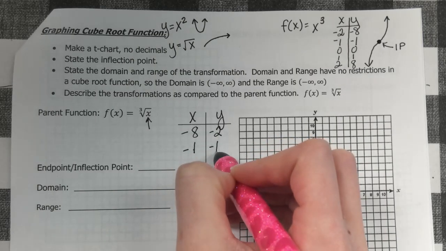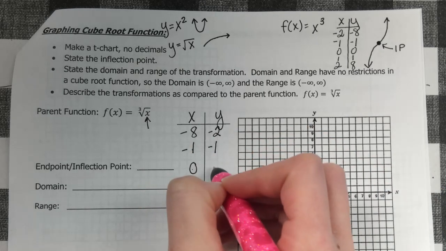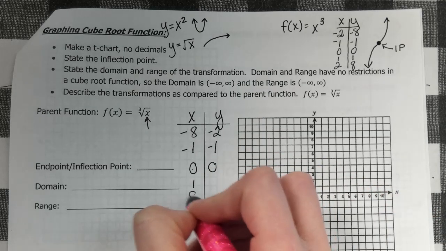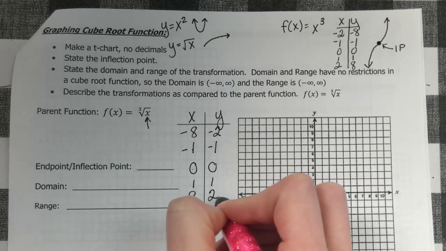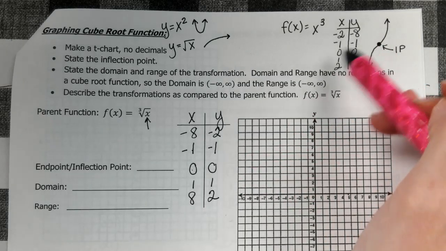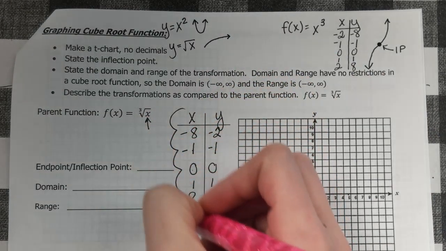Yes. It gives you negative 1. Can I take the cube root of 0? Yes. What do you think my next two values are going to be? 1 and 8. Compare that to what just happened over here. It's flipping. It just flipped it. That is what an inverse does. Okay? So that's going to be your parent function table for the cube root of x.